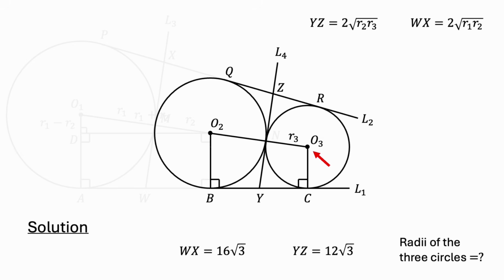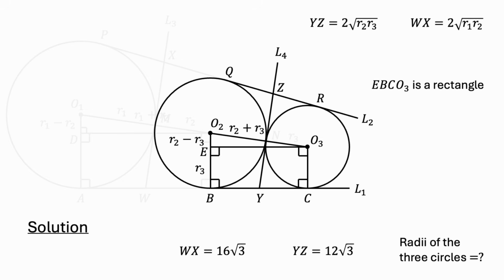Then, from O3, draw a line perpendicular to O2B, cutting O2B at E. Therefore, EBCO3 is a rectangle. The length of EB thus equals R3, and so the length of O2E equals R2 minus R3, while the length of O2O3 equals R2 plus R3.